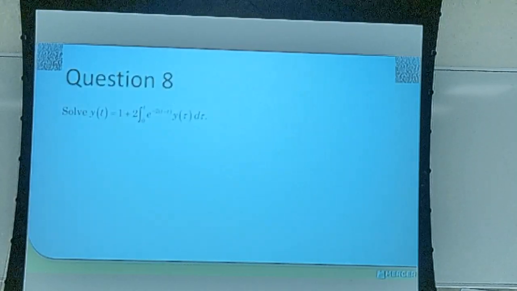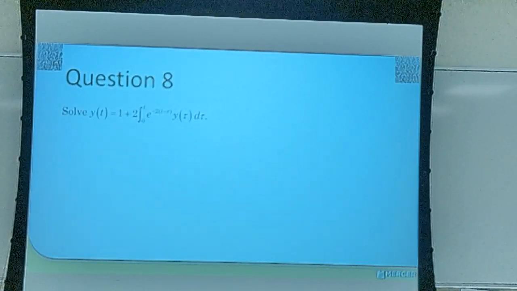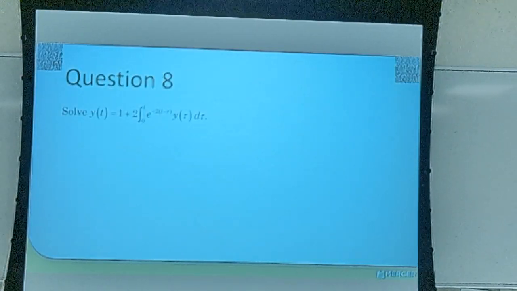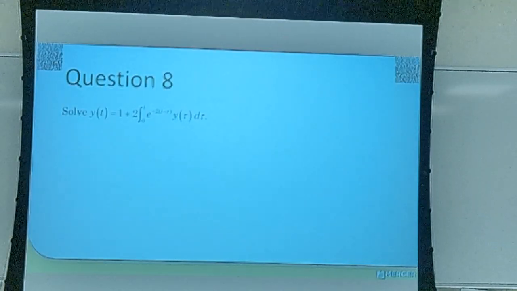I want to skip down to here for right now. Solve a Volterra integral equation first, and then go back and look at the other three. So take the Laplace transform.